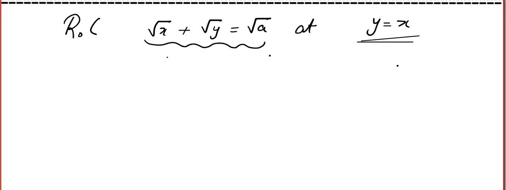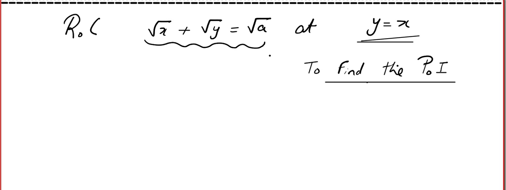Okay, so the first thing to do is to find the point of intersection. Do you remember how to find the point of intersection? Very simple. Solve the two equations simultaneously. It's very easy to solve. You can see that the y value is x.